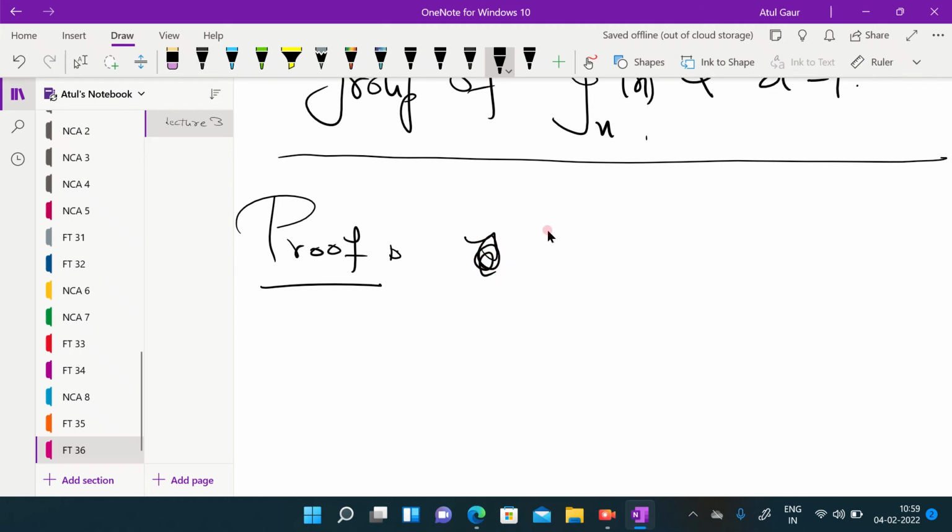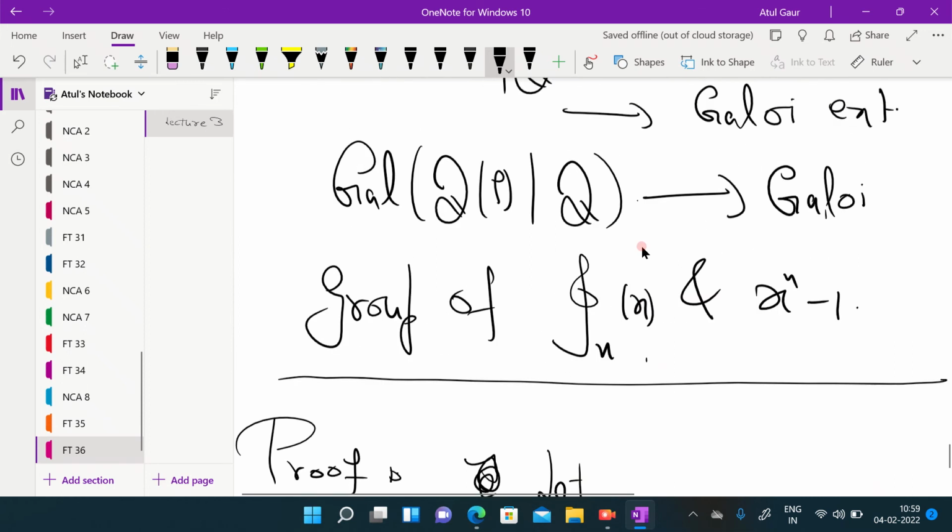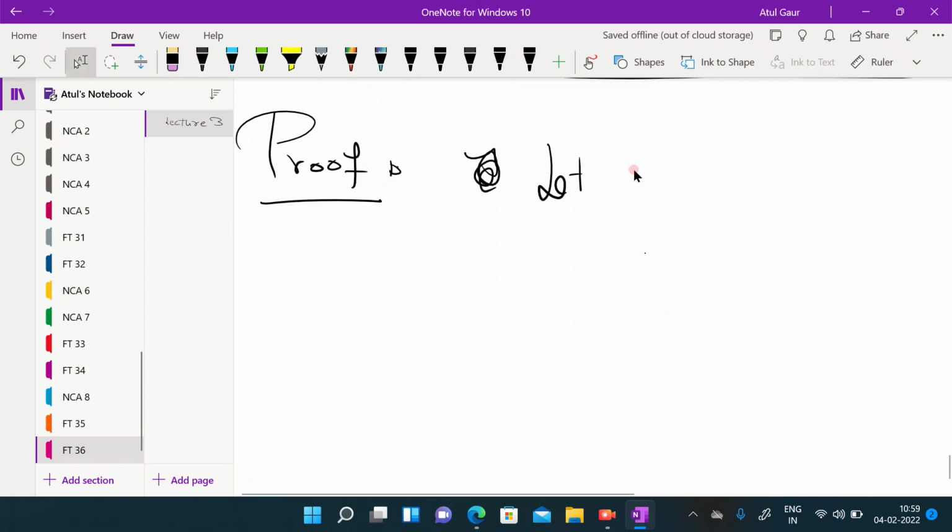So again, what did we say above? Let's go with rho, a primitive nth root of unity.